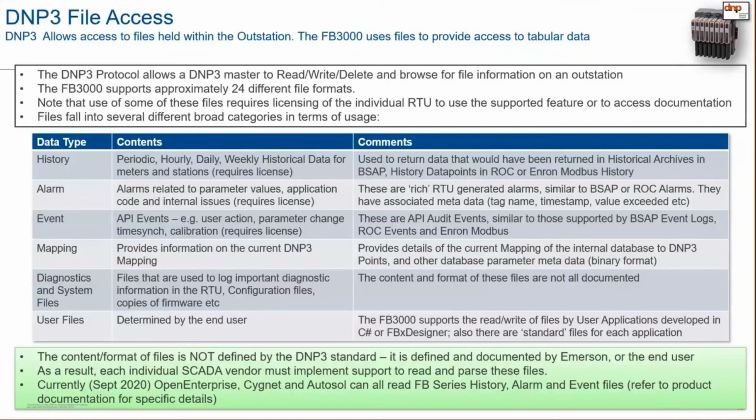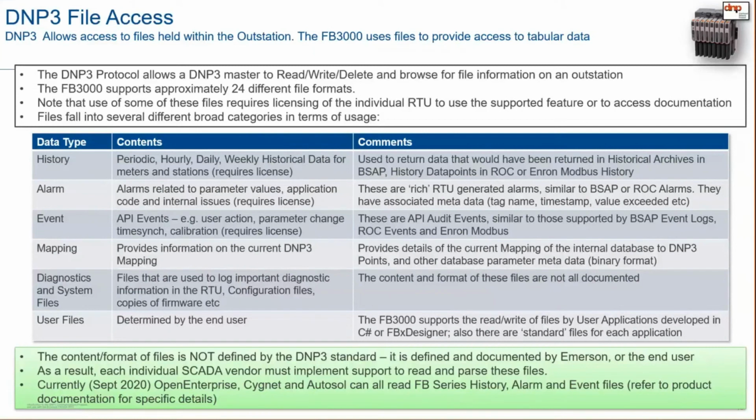Currently, as I prepare this presentation, Open Enterprise, that's Emerson's SCADA system, Signet, and AutoSol can all read the history, alarm, and event files, though I would ask you to refer to their particular product documentation to determine the exact details, because it's a little bit of a moving target as people are adopting the FB3000.